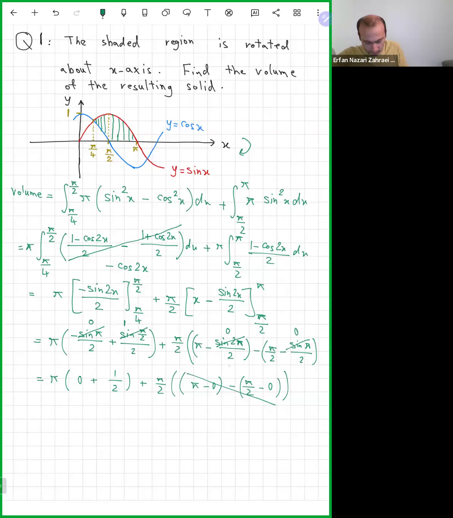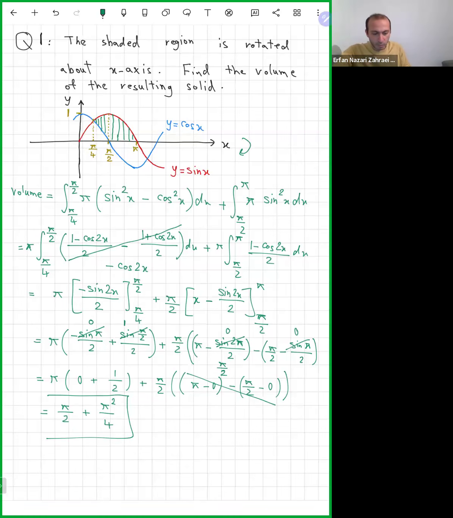So this is pi over 2, pi minus pi over 2, and this is just 1 over 2. So the first term becomes pi over 2, this in total. And the second term is pi over 2 times pi over 2, which is pi squared over 4. So this is the volume that we needed to compute.